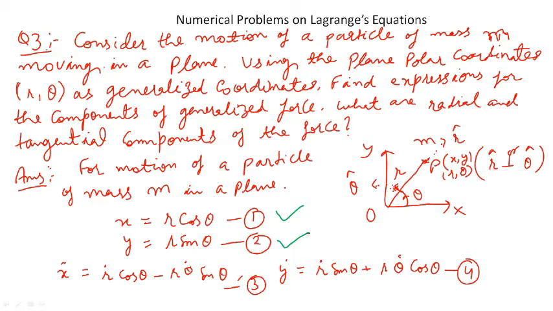So if we differentiate equation 1, then we can find x dot, and similarly if we differentiate equation number 2 with respect to time, then we can find y dot. So your x dot will be like this and y dot will be like this, and these are, let us say, equation 3 and 4.